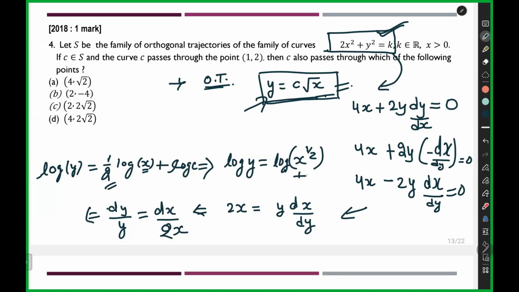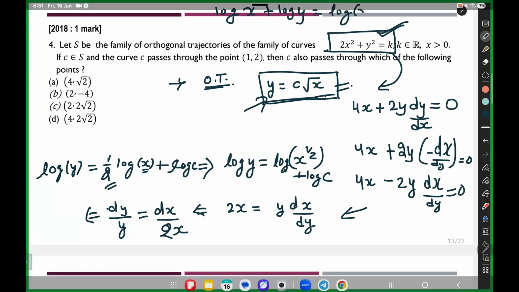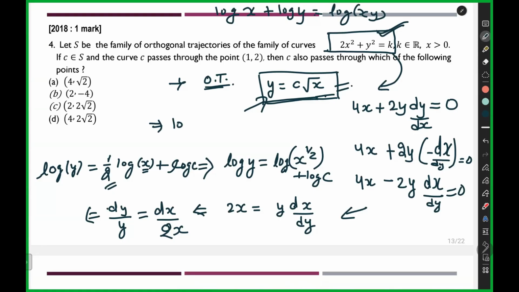And we all know log x plus log y is log of xy. So here log y equals log of c x to the power 1 by 2. Taking antilog, what we get? y equals c x to the power half, which is nothing but c root x. Is that clear to everyone, how we got the orthogonal trajectory as y equals c root x?